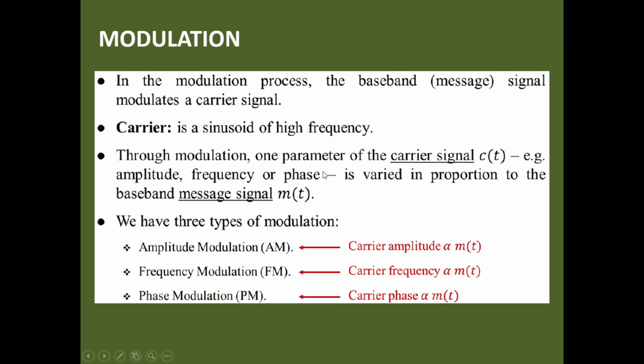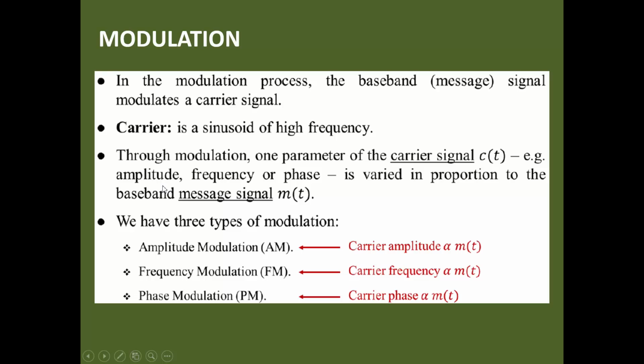Through modulation, one parameter of the carrier signal c(t) is picked. How many parameters does the carrier signal have? It has three parameters: the amplitude, the frequency, or the phase. Now, one of the parameters is varied in proportion to the baseband message signal m(t).